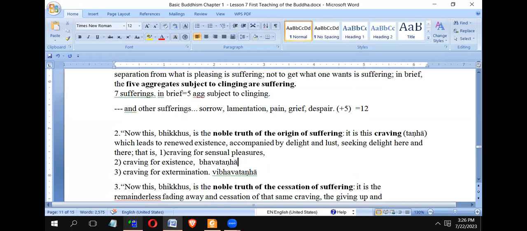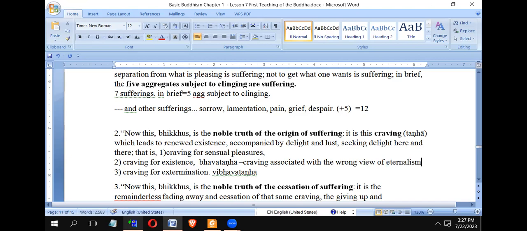Another translation is craving associated with the wrong view of existence. It's not just craving, it has the wrong view that life continues forever.